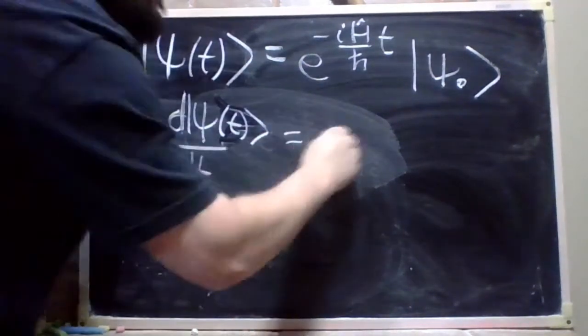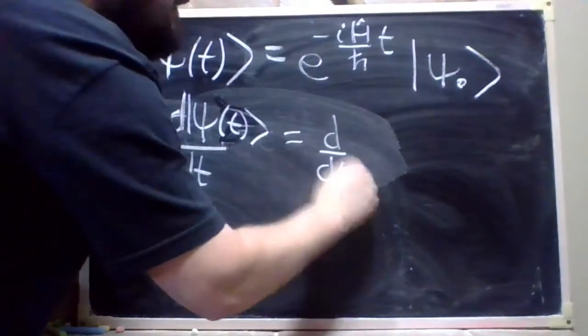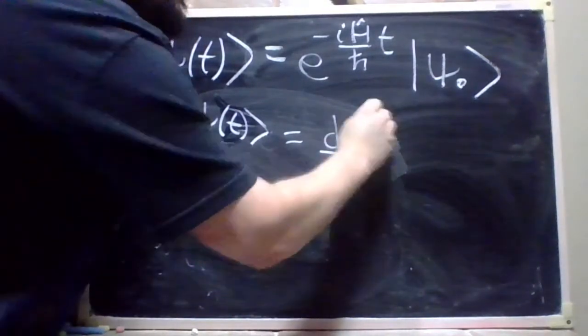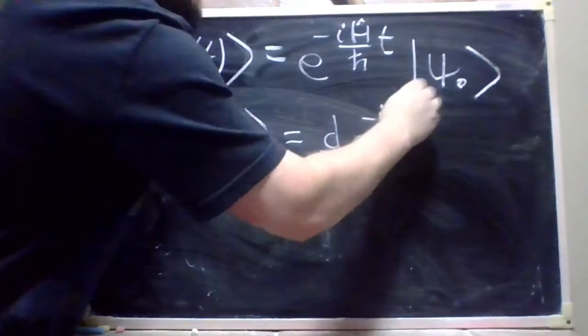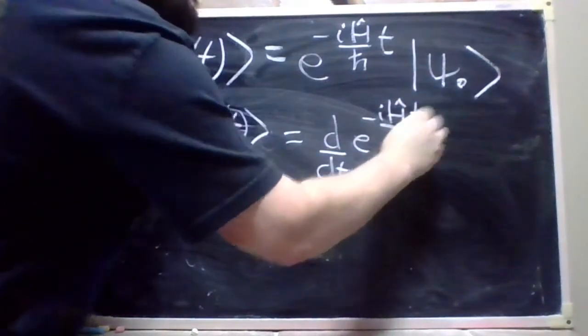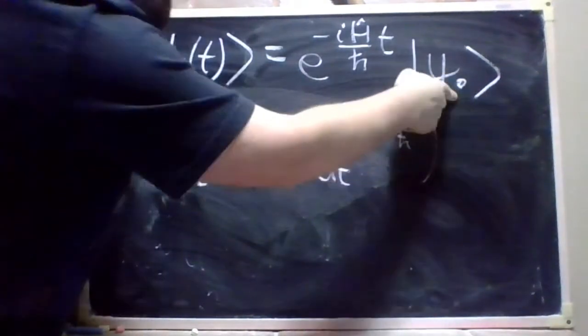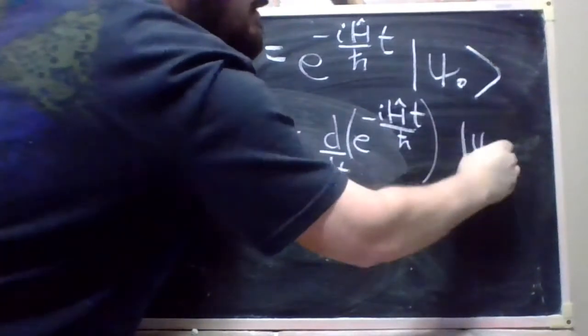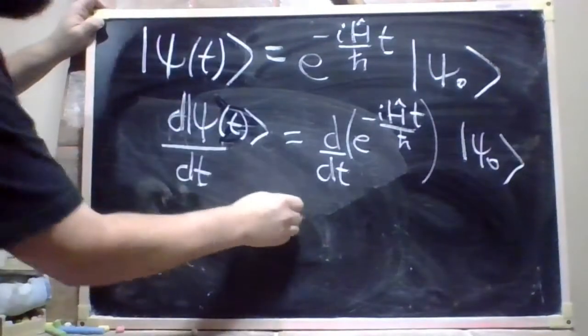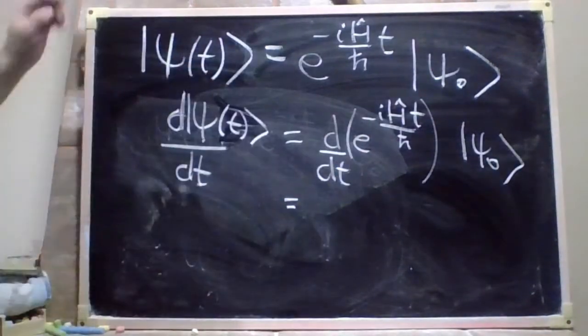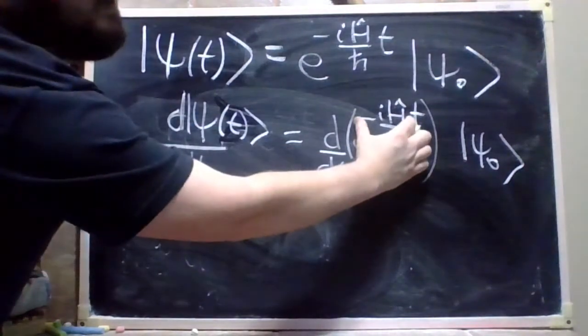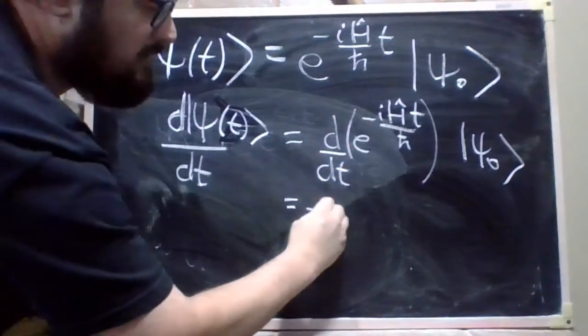I'm just applying the differential operator. It just operates on this thing here because there is a constant. It's just the initial state, and this just produces the constant matrix here multiplying time.